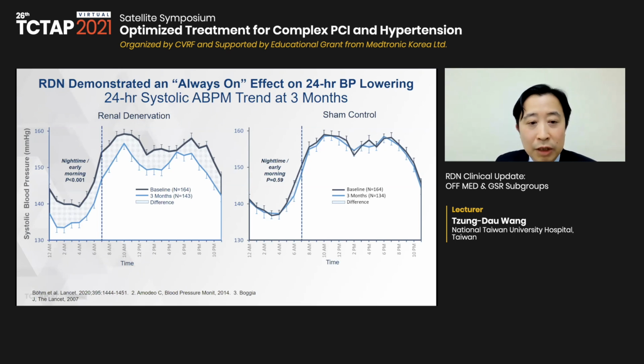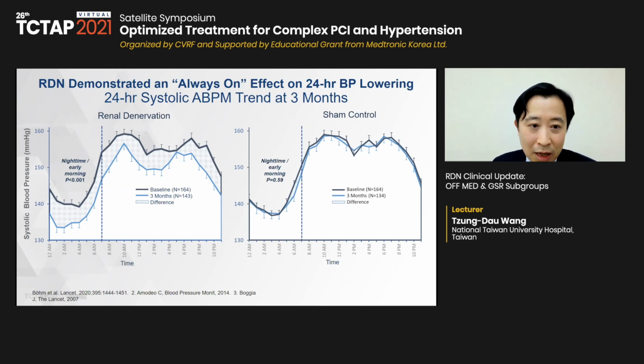And I also want to emphasize that this was observed only 3 months after renal denervation, but according to previous experience with the OFF MED and ON MED trials, the 6-month blood pressure reduction will be almost double. So the blood pressure reduction following renal denervation increases within the first year. And it also provides 24-hour sustained blood pressure reduction.